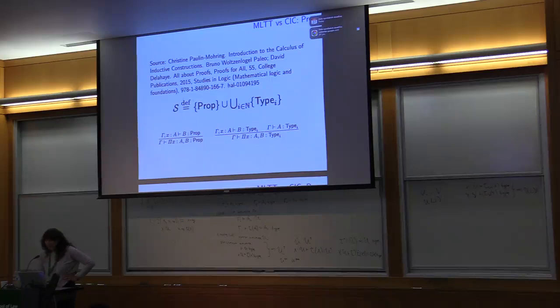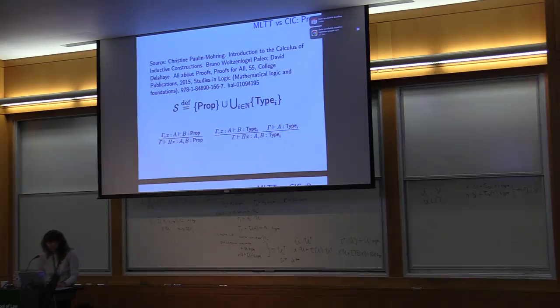So the universes in Rocq, the calculus of inductive constructions, are all of these. So Type i are the usual universes, right? The U's that I used here. And then there's a special one, Prop. And the thing is that for all of the other universes, when we make function types, if x is of type A and B is of type i and A is of type i, then this Pi here will be of type i.